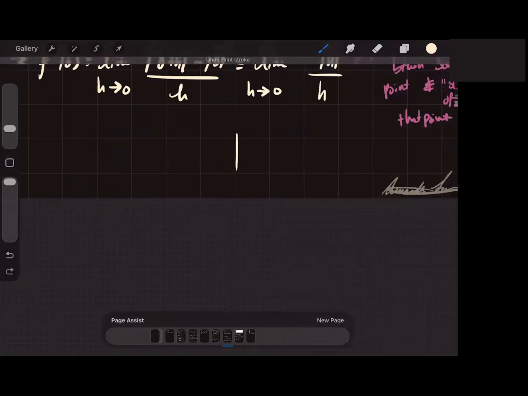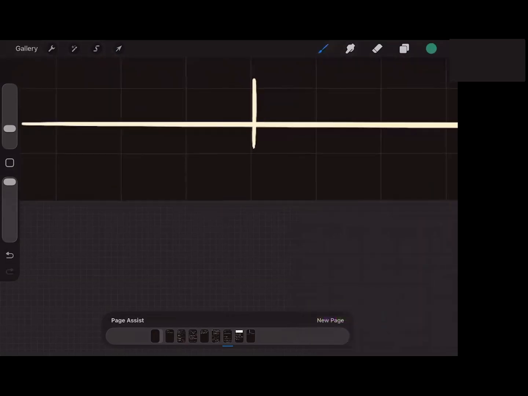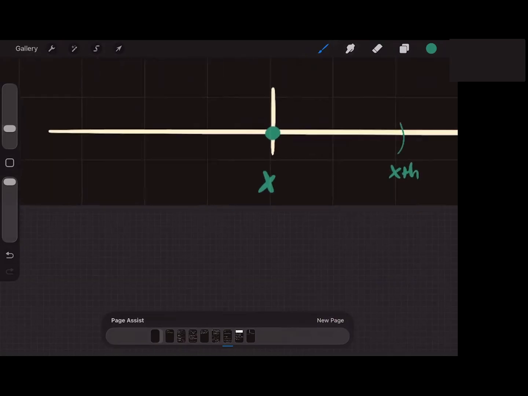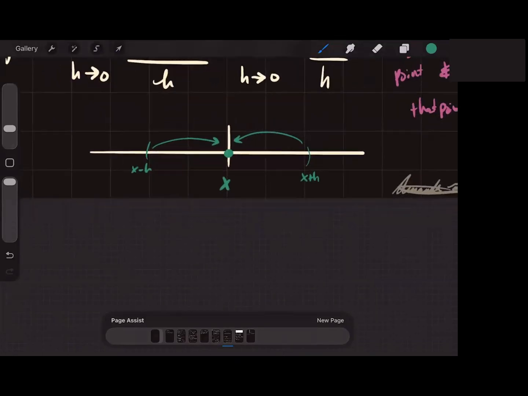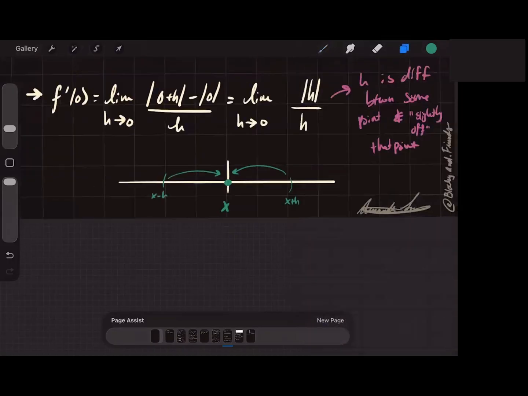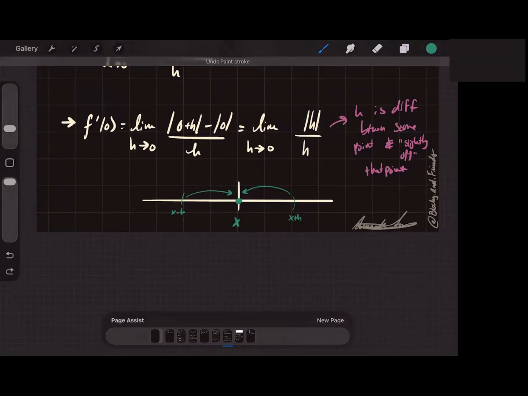You don't need to know what that means. What you're really looking at is this is x plus h, this is x minus h, and they should be going to the same place. If you like this kind of math, it's called analysis. I highly recommend it. What you're doing is taking a bubble of some distance h around x.